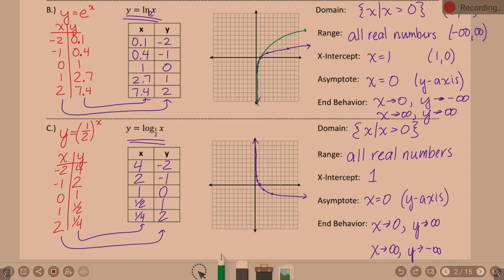With that in mind, think about it. These y values are going to get bigger, so that graph's going to move up. But at the x-intercept, the ordered pair 1, 0, is that y value going to change? No. So x-intercept's not going to change. What about my asymptote? Does it change? No, asymptote's not going to change either.